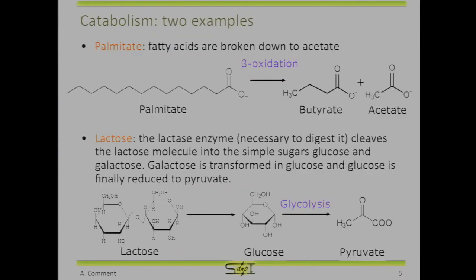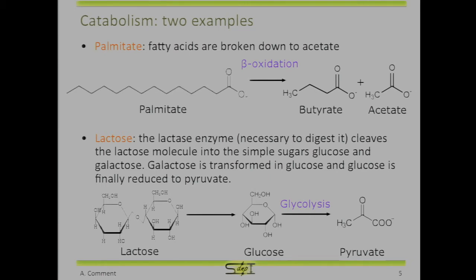What your body is going to do with this cheese is basically try to reduce it. So two examples of catabolism, two catabolic processes: one is beta oxidation. This is how you're going to break down these long-chain fatty acids into smaller units that the body can use as fuel. In the process of beta oxidation, you will create energy as well, but I won't go into this detail.